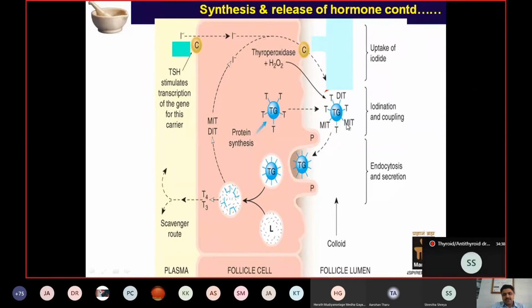That process is said to be coupling. And when two DIT, that means two molecules with two iodines each, combine, they form T4. These remain in thyroglobulin, which is stored either in the follicle or inside the follicular cell by the process of endocytosis, and whenever there is a requirement, T4 and T3 are released.